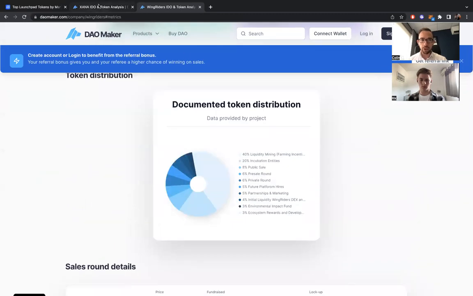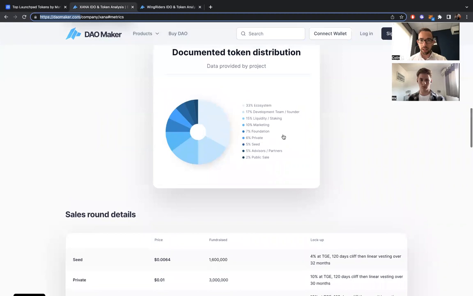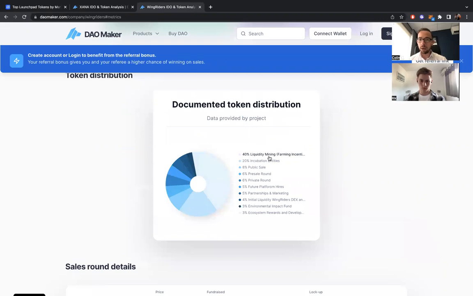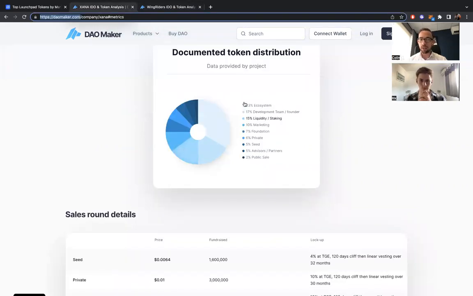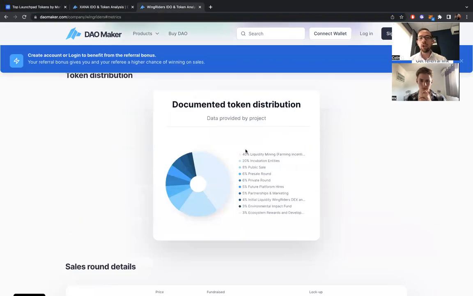So what you will see, the big difference is liquidity staking 15%, right? Liquidity mining, farming incentives 40%, right? So one provides 15% of their tokenomics, the other 40%, huge difference, right? In terms of the tokenomics, major difference.